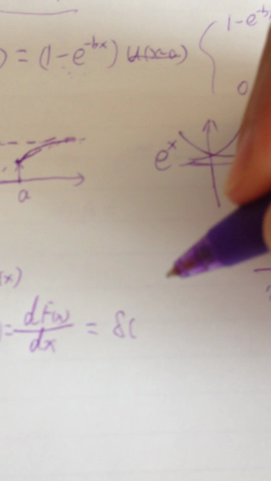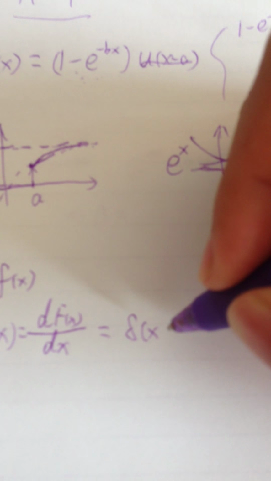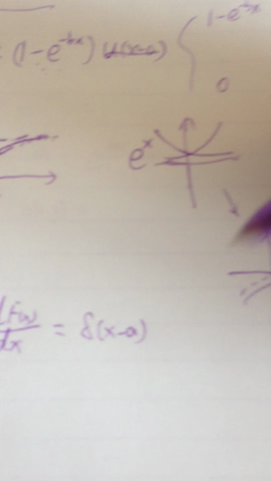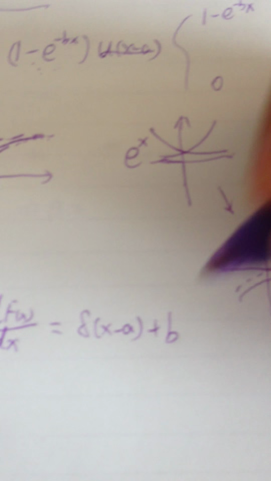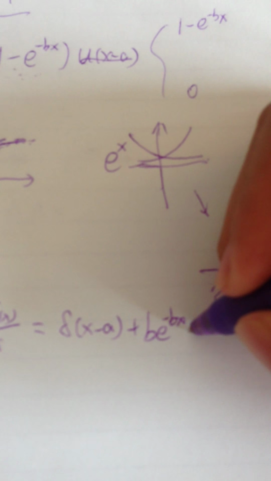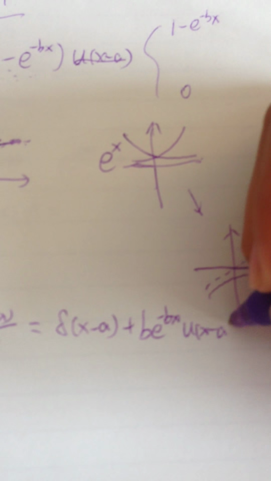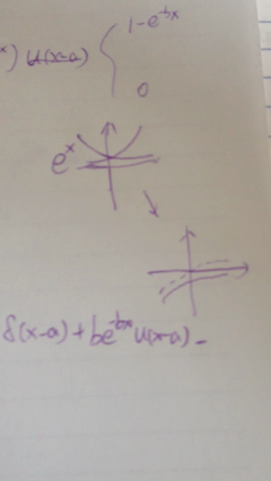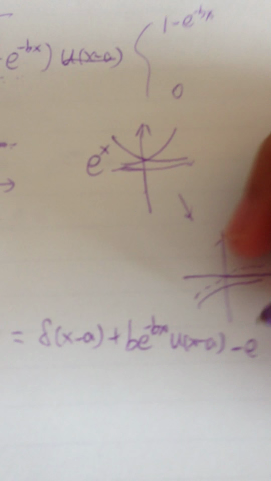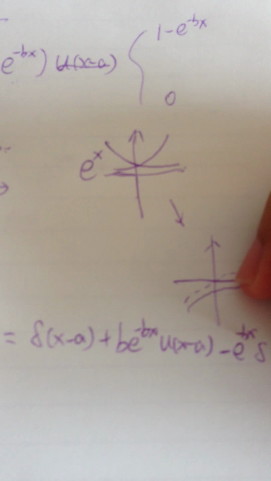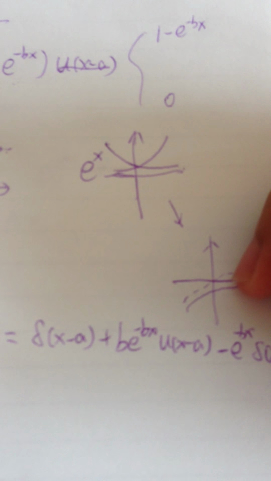So we get an impulse function delta of x minus a, plus b multiplied by e to the minus b x, u of x minus a, and minus e to the minus b multiplied by x multiplied by delta of x minus a.